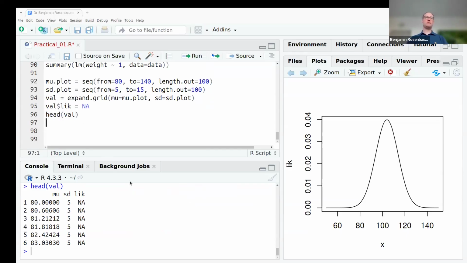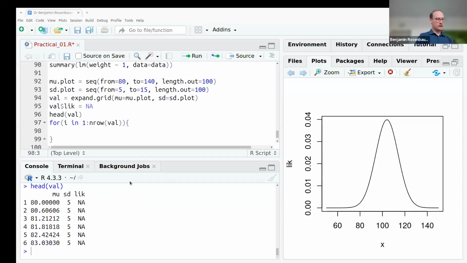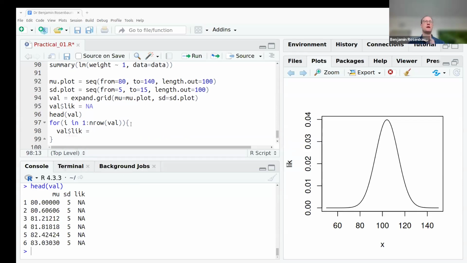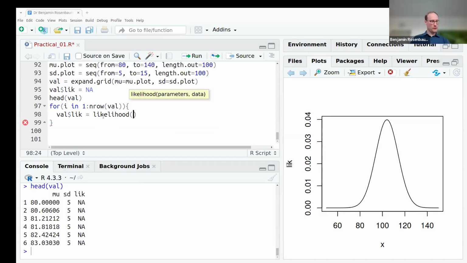And I'm doing a for loop over all of these values. And for each of them, I will calculate the likelihood value. Yeah, that's the function likelihood, which depends on both of the parameters.